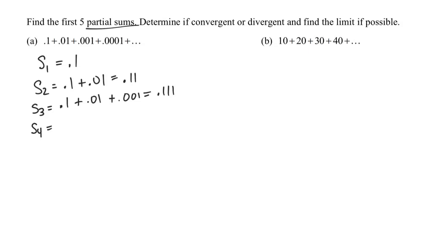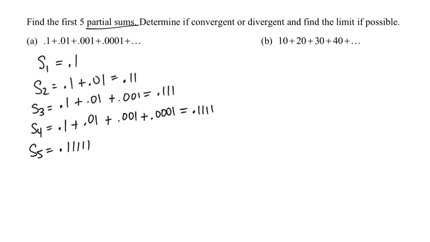Probably at this point you can see what's happening here. S sub 4 is going to be the sum of the first 4 terms, and so that would be basically the third partial sum with 1 additional term added to it, and so that's going to be 0.1111. And so finally, what is the fifth partial sum? That's just going to be point and then 5 ones.